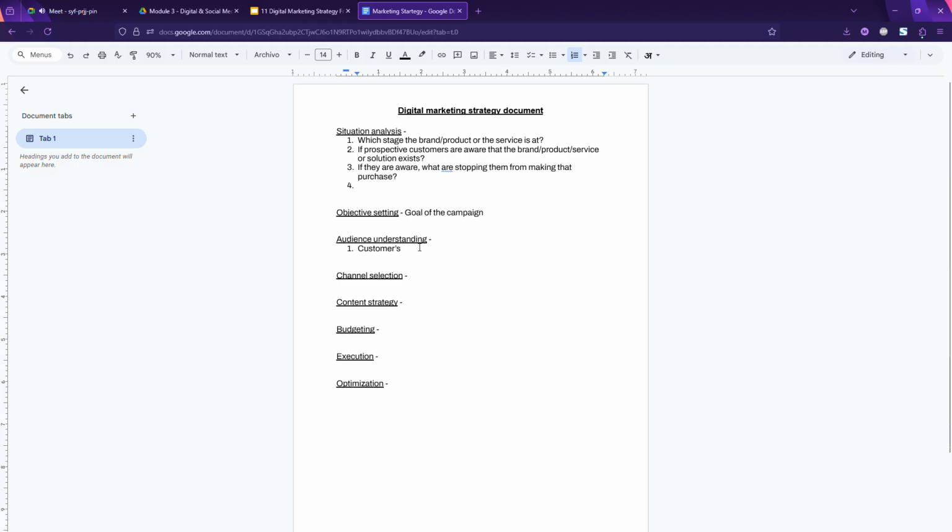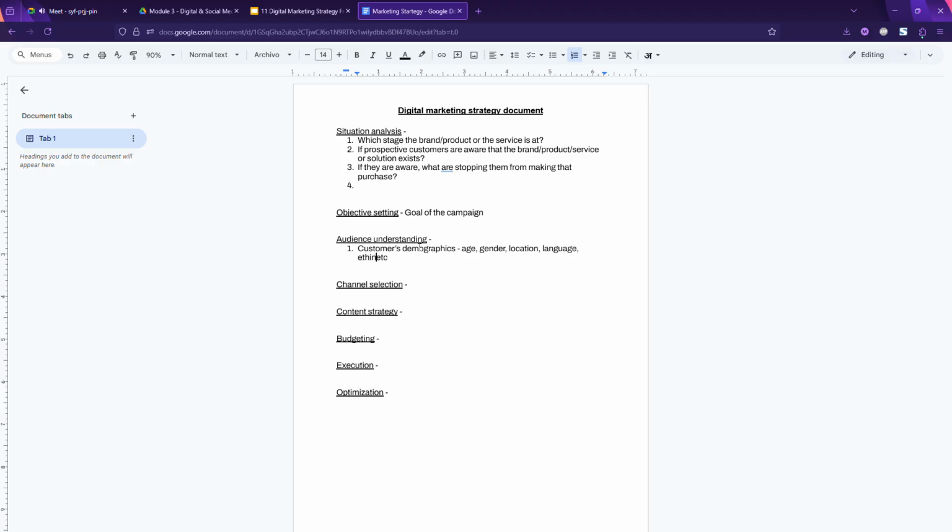If we know who our target market is, that target audience is, the prospective customers. So it's the customers' age. Basically, it's the demographics: age, gender, then location, etc. We can also keep language.